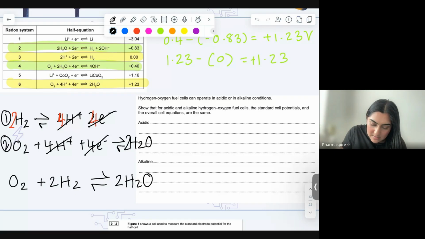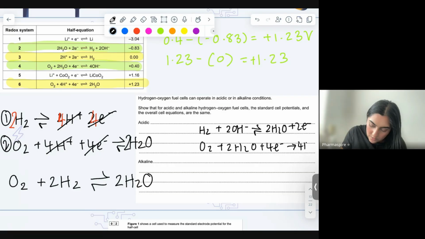So we reverse the system 2. So you get H2 plus 2OH- gives you 2H2O plus 2e-. And then we use O2 plus 2H2O plus 4e- gives you 4OH-, reversible. I'm obviously going to times this by 2. I think you guys know that now. So we've got 2, 4, 4. Okay, so we rewrite that out, follow the forward.